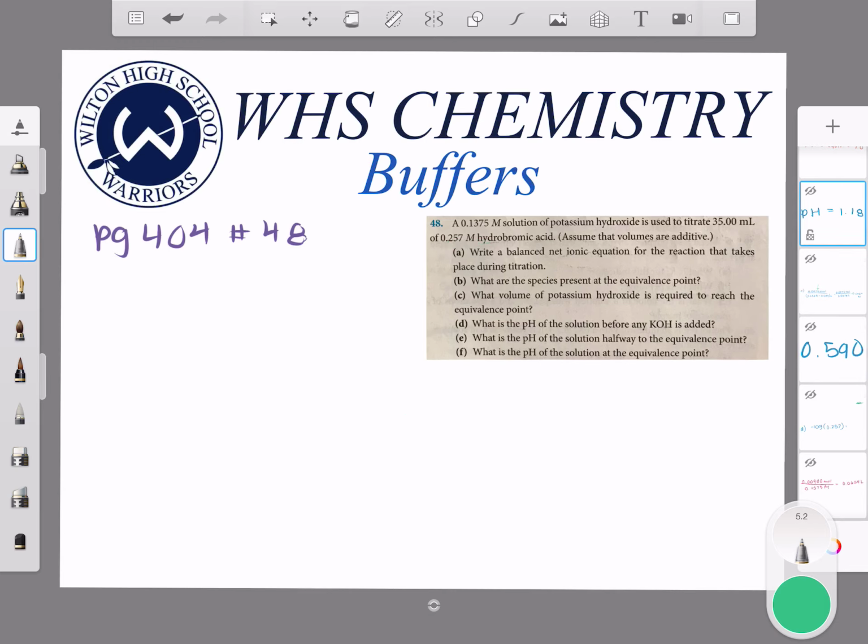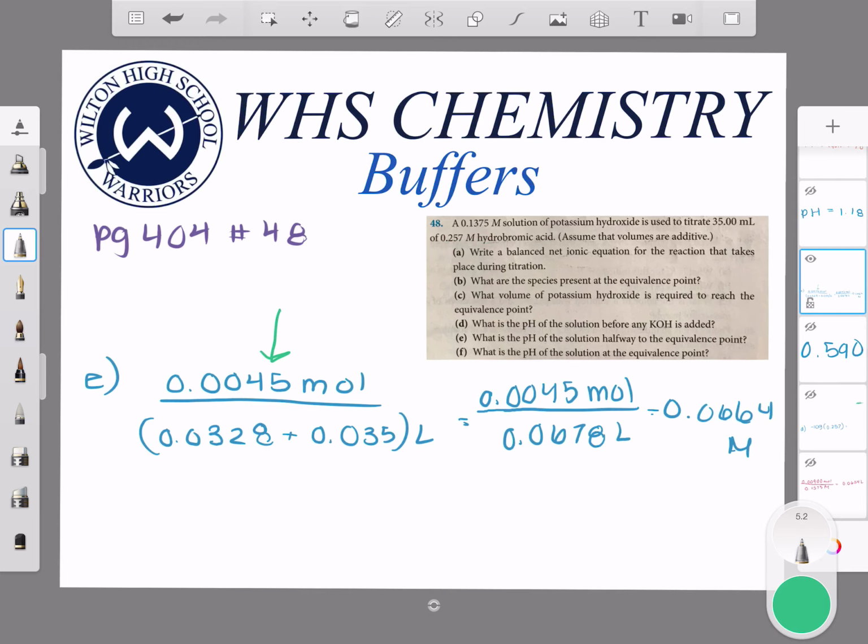And then for part E, since it's at half equivalence, that's what we're looking for, we can use half the moles. We know that 0.045 moles have been converted to H2O, and then there's going to be 0.0045 moles of H plus that are left.